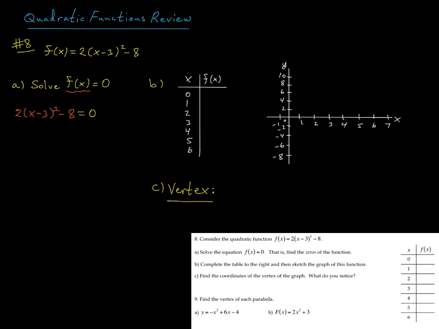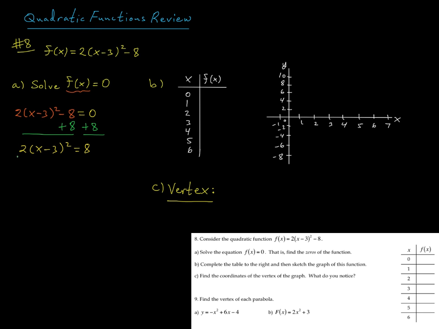So I'm going to isolate the square term and then use a square root. I'm not going to multiply that square out. So let's add 8 to both sides, and that gives us 2 times the quantity x minus 3 squared equal to 8.